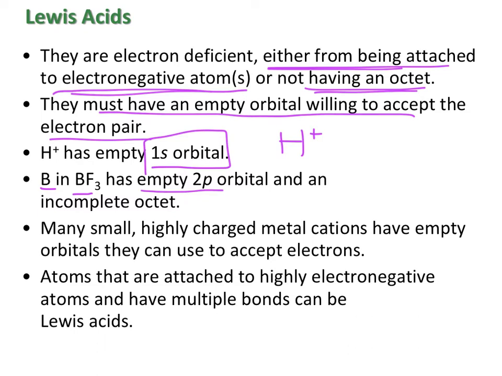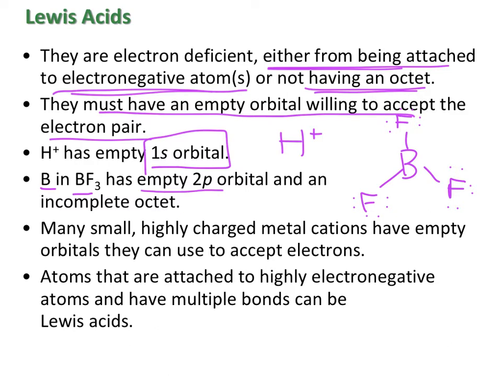If we were to draw the Lewis structure for BF3, you would see that it's like this. And obviously there's lone pairs on all the fluorine. If you actually counted up all the total valence electrons, this is the overall structure we would get.